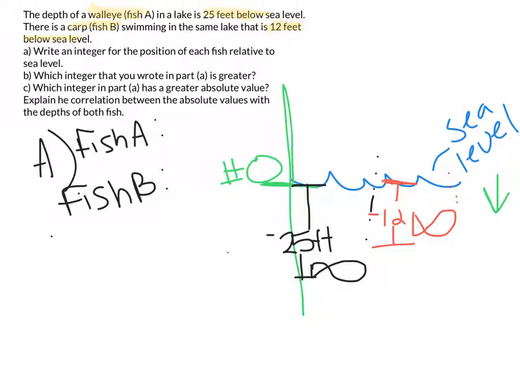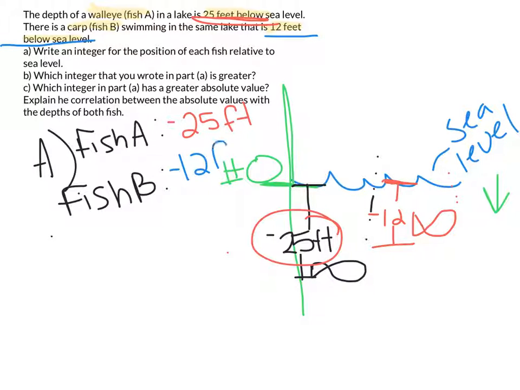Well, fish A says it's 25 feet below sea level, which means that it's at negative 25 feet. Make sure you include the label, 25 feet. All right, great. Now for fish B, that carp, it's 12 feet below sea level, so negative 12 feet. Great. Okay, so now let's move on to part B.